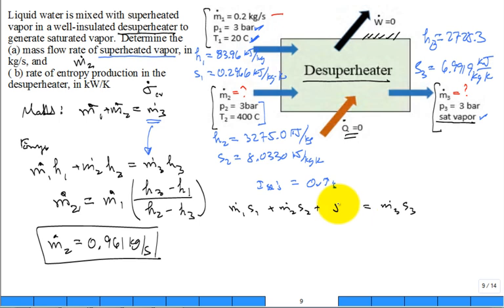Should I put the sigma dot CV there or the sigma dot CV there? I'll ask a clicker question. A or B? Where do I put what I'm asked to calculate? The answer for part B, the rate of entropy production. I'm writing the second law, sum of ins equal to the sum of outs. Should I put sigma dot CV there? Answer A. Or there? Answer B.